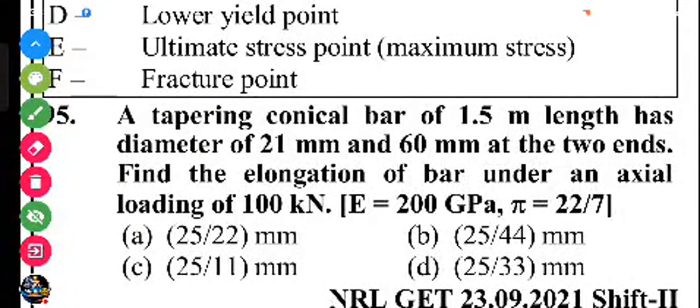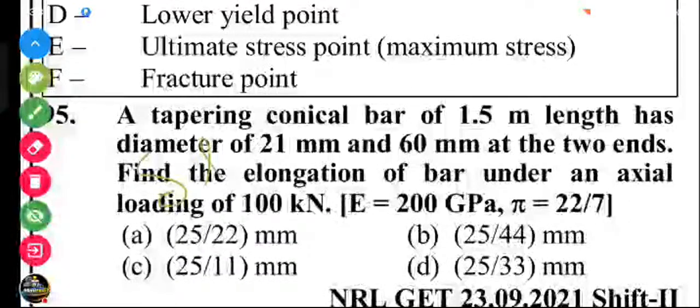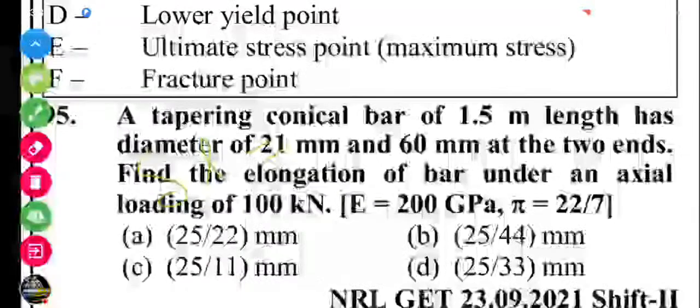Next question. A tapering conical bar of 1.5 length has diameters of 21 mm and 60 mm at the two ends. Find the elongation. For the elongation of a tapered bar, if you remember the formula, you can solve this question easily.